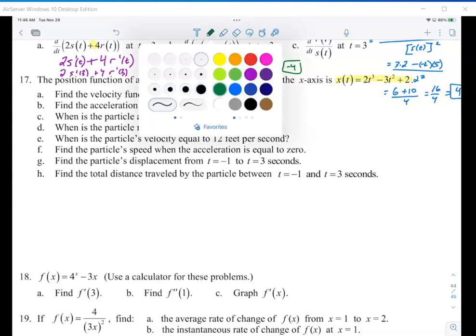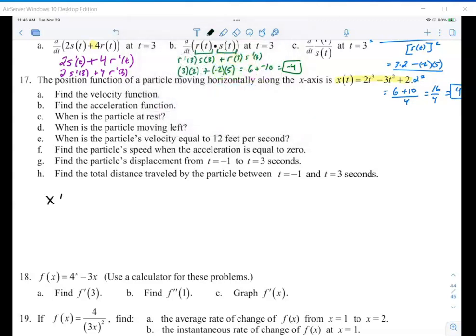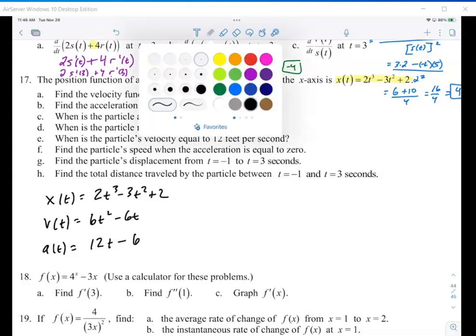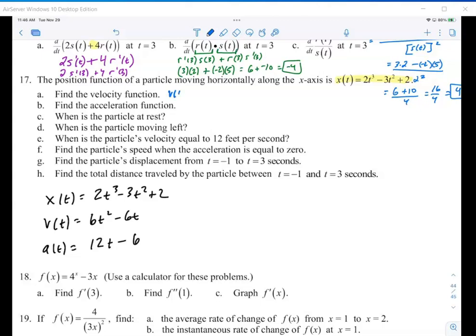This is my x, my position equation. Here's my velocity equation. Here's my acceleration equation. Those all just took derivatives. So to answer these questions, find the velocity equation.